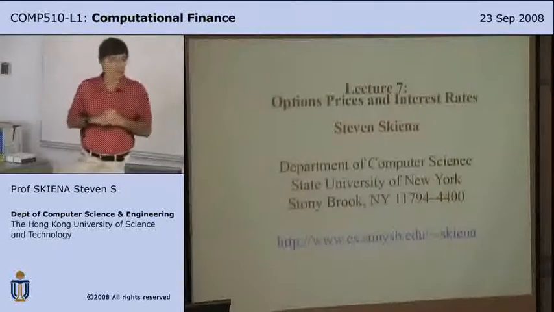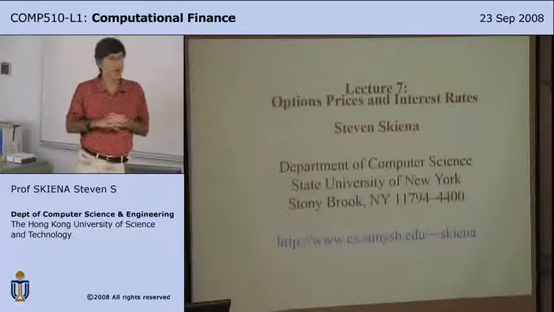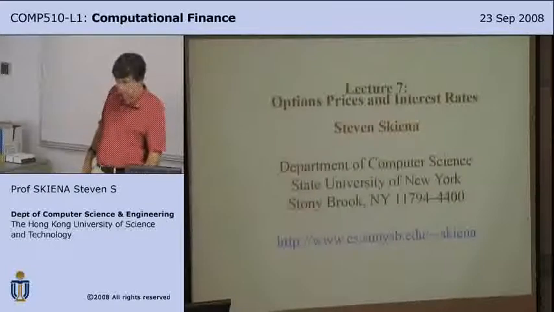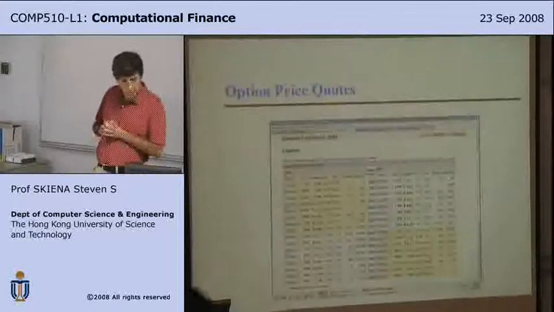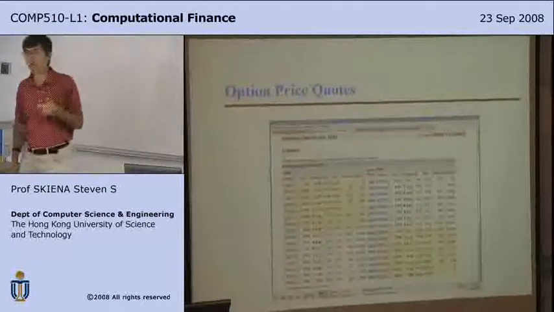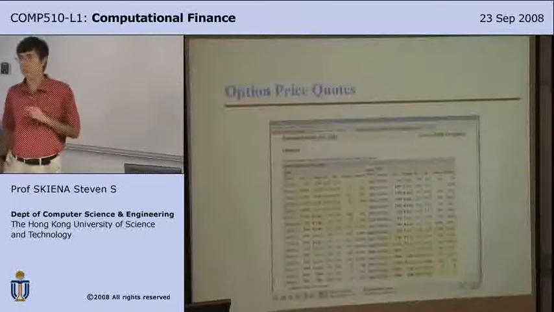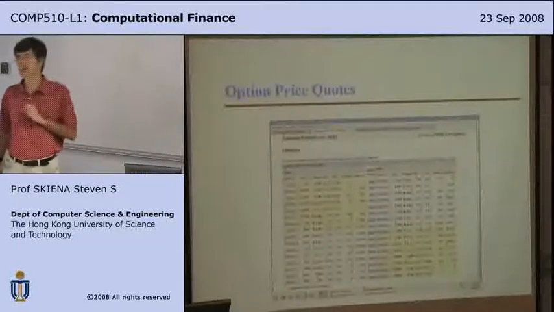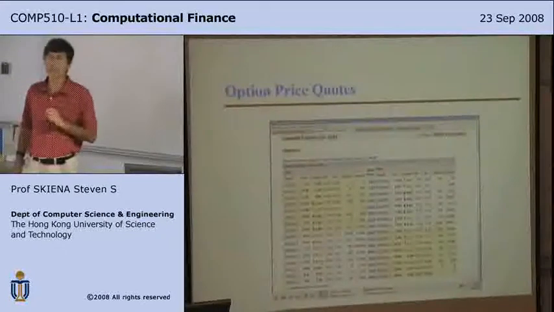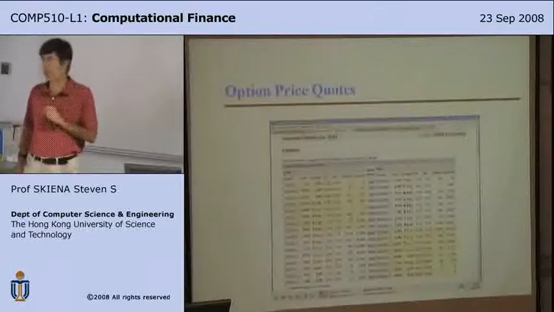Okay, what I'd like to talk about today is options pricing. We've been talking a lot about options, and about prices of options. Remember, call options give you the right but not the responsibility to buy a stock at a particular price. Put options give you the right but not the responsibility to sell at a particular price.